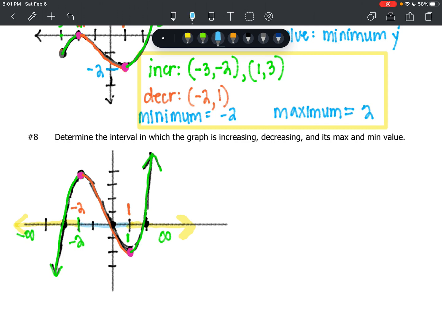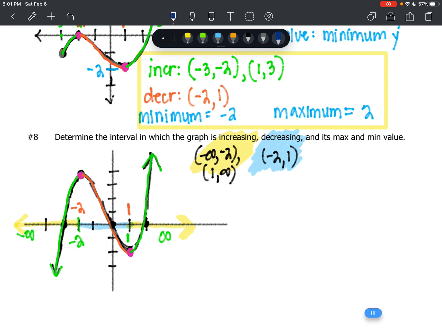But from -2 to +1, it's decreasing. So increasing, decreasing. So there. So increasing from -infinity to -2, comma, 1 to infinity, and decreasing from -2 to 1.